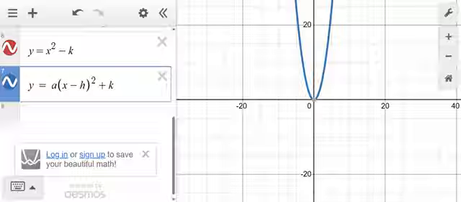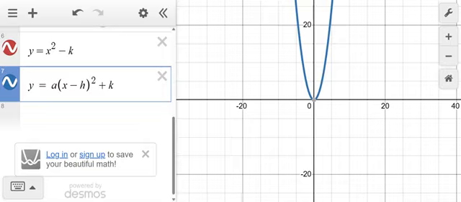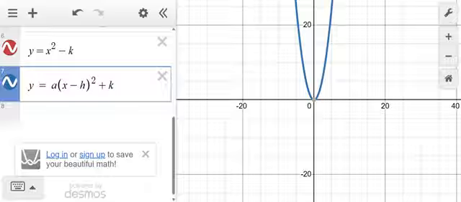If H is 2, put your parent parabola. Where's H equals 2 going to go? So I'm going y equals x minus 2. Is the H positive or negative? Look here. The H is positive. It's just that the formula has a minus, so it looks like it's negative. So when it says x minus 2, it actually goes 2 to the right.